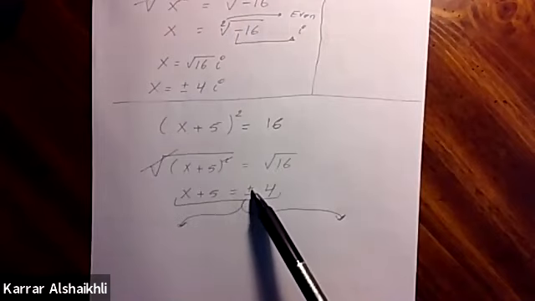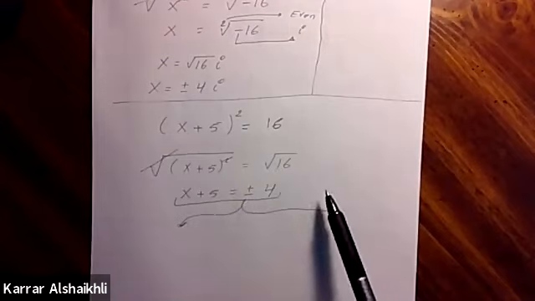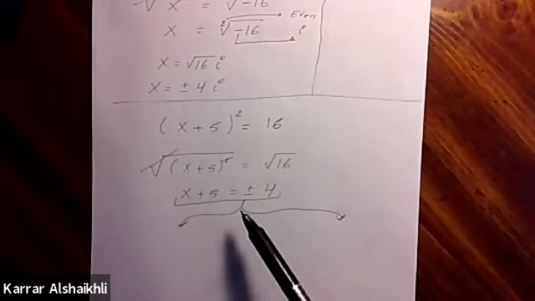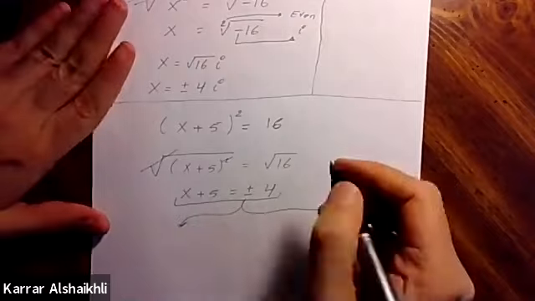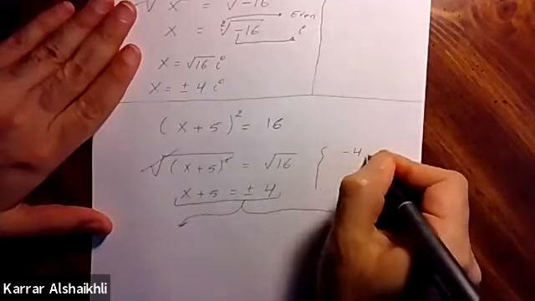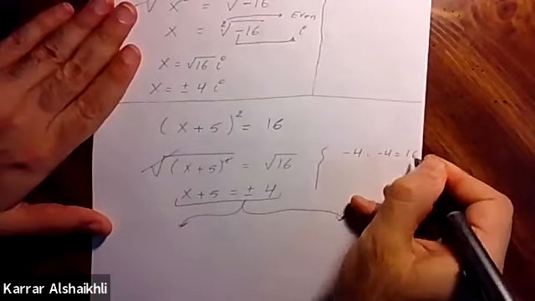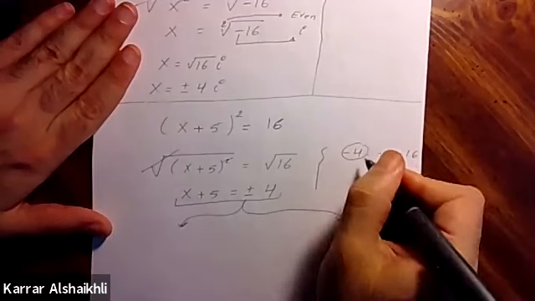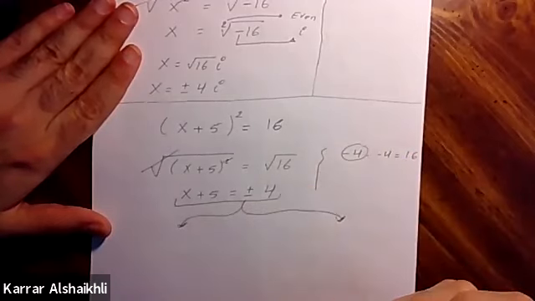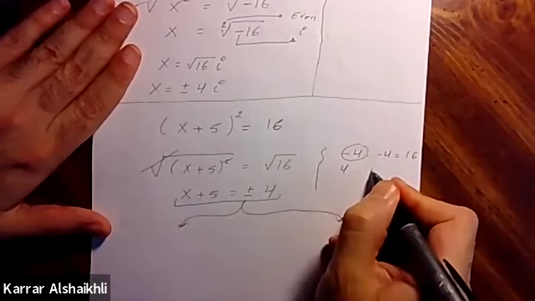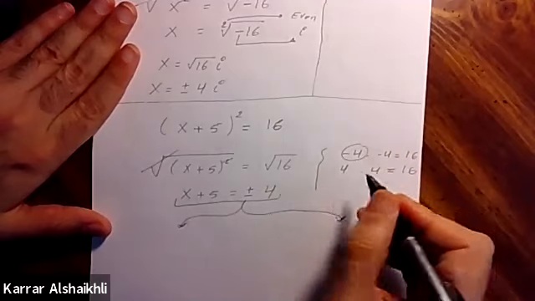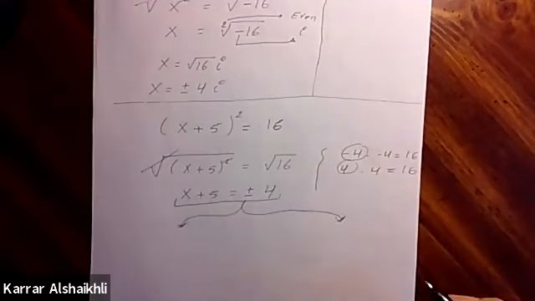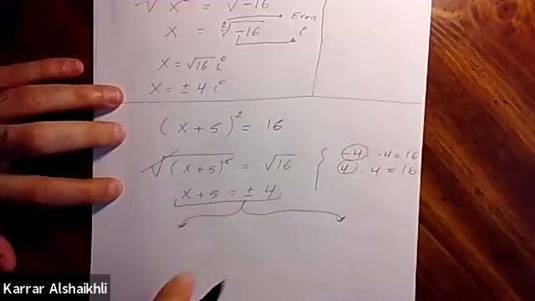In this case, positive 4 times positive 4 is 16, and negative 4 times negative 4 is 16. That means negative 4 is a root for 16, and 4 is also a root for 16. So we have two solutions, positive and negative.